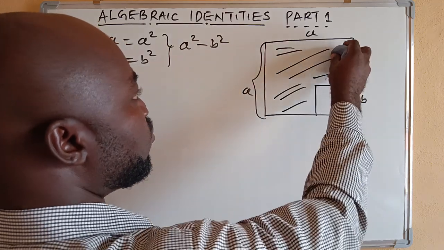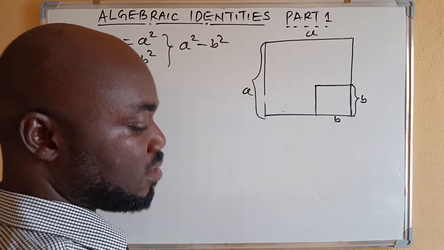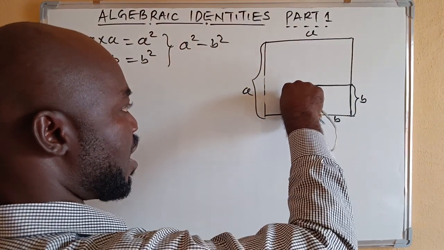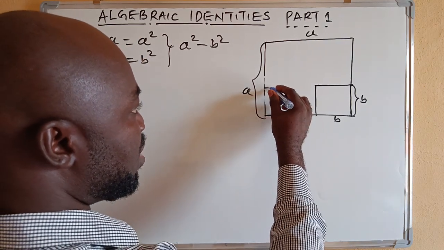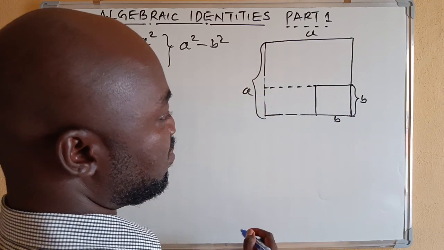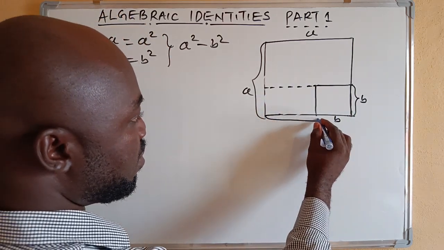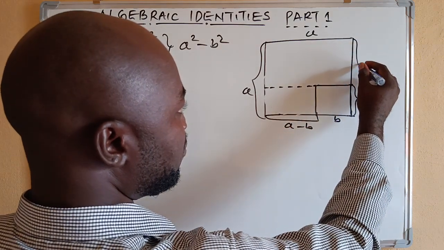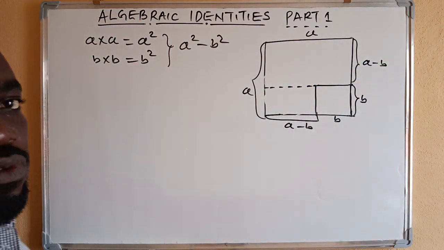So what I'm going to do now is show you a demarcation that will make this proof elegant. Along this region, I will divide this. If you look at this now, this side will become A minus B, and this other side will become A minus B. Now I have two rectangles.